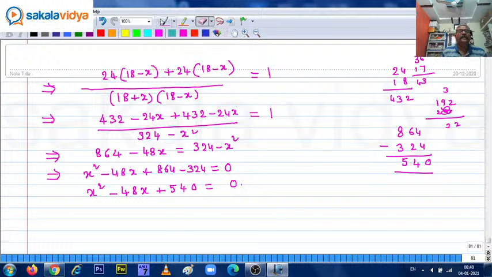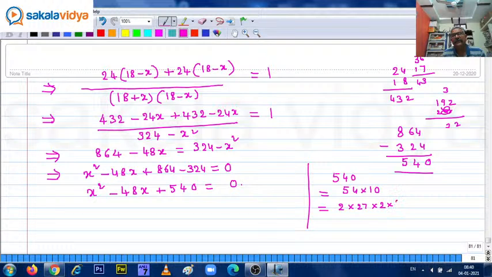So now we need to solve this equation. What are the factors we need to find out now? 540 we can write 54 times 10. Next 2 times 27 times 2 times 5 you can write. Next this we can write 2 times 9 times 3 into 2 into 5.